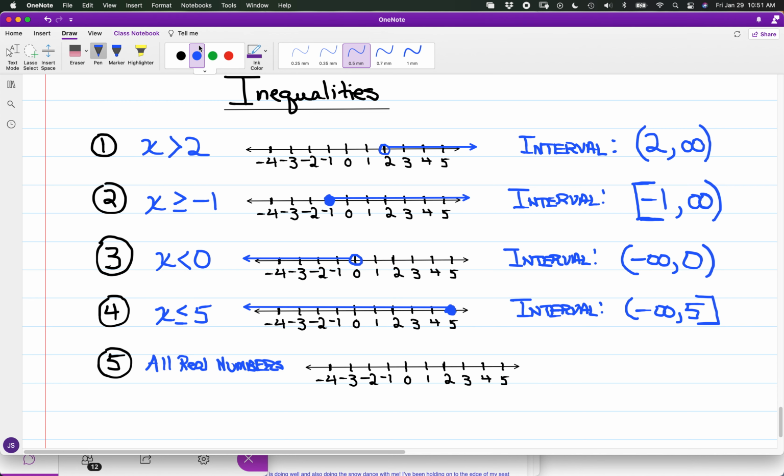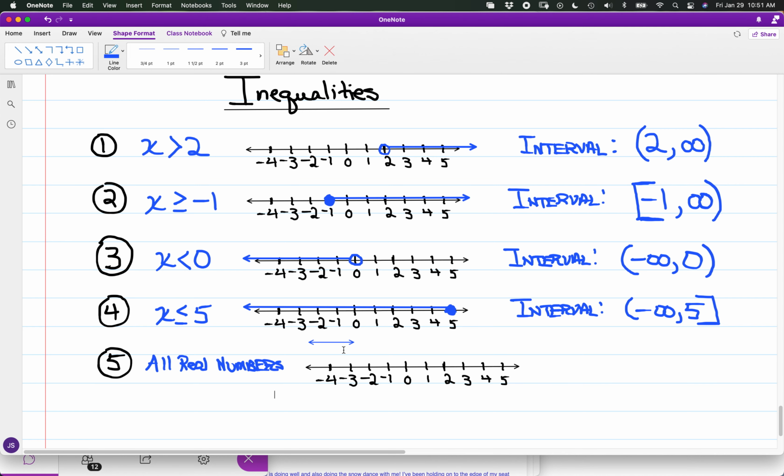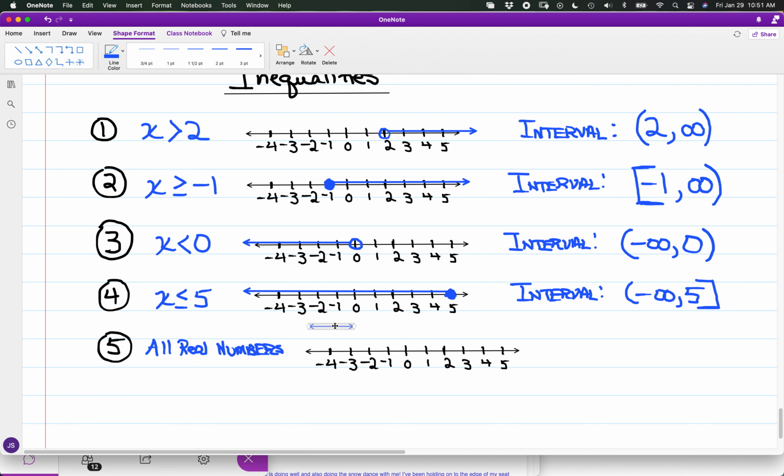So for all real numbers, you're looking at including the positives, the negatives, zero, the rational numbers, the irrational numbers. And so what we're going to have here is continuous activity going from end to end.